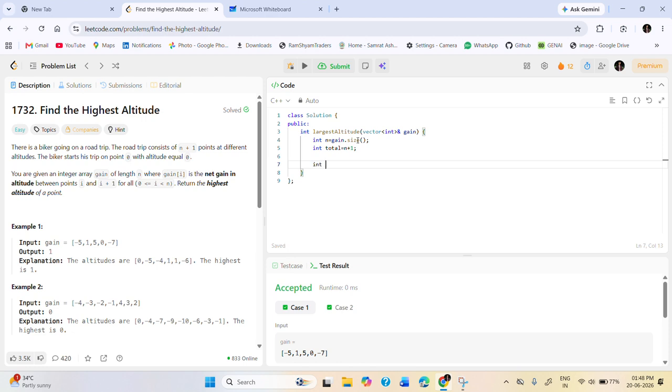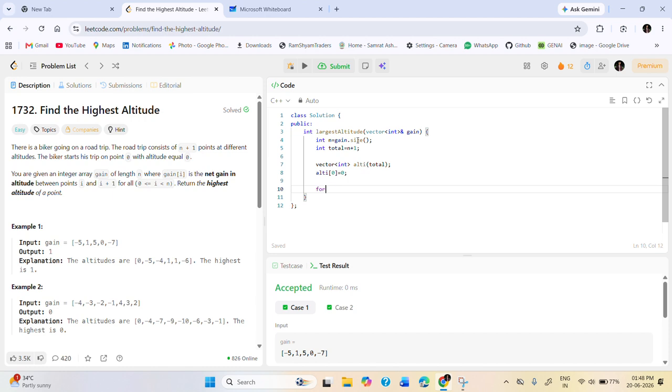Okay, and we will create a vector altitude whose size will be total, and we know that the altitude of the first point, which is at index 0, is 0, and for the second and so on, the altitude of the ith point will be net gain of i minus 1 plus altitude at i minus 1.